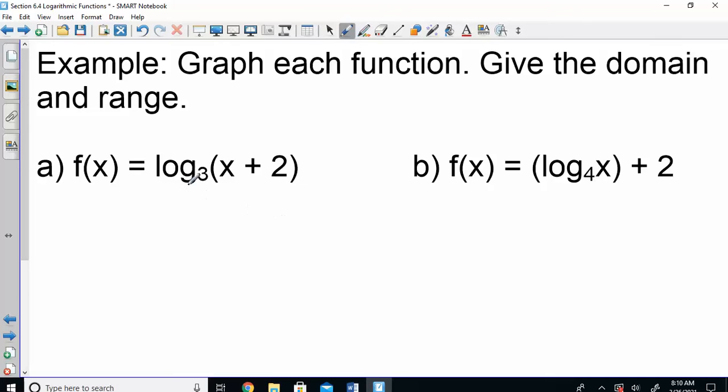Alright, my recommendation on problems like these, just like when we did exponentials, we graphed parent functions and then did transformations. That's what I want to do here. My parent function is just the plain log, so y equals log base 3 of x. That's my parent. What will this plus 2 do to my final graph?